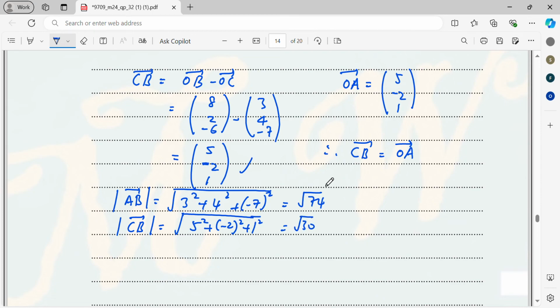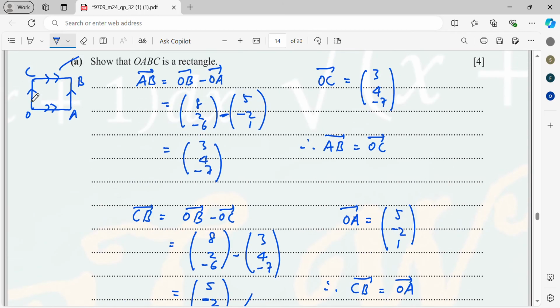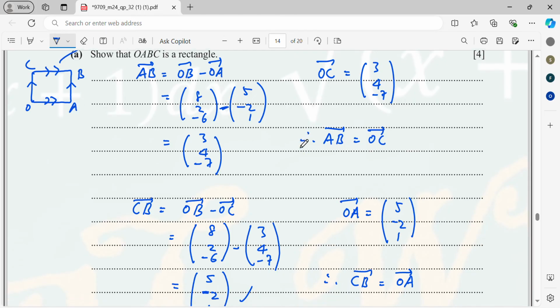Now I can conclude that AB and OC are the same length, and CB and OA are the same length.